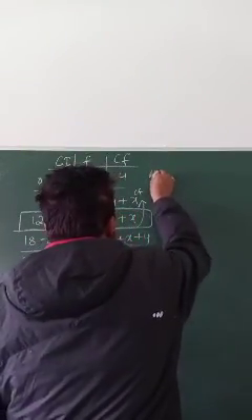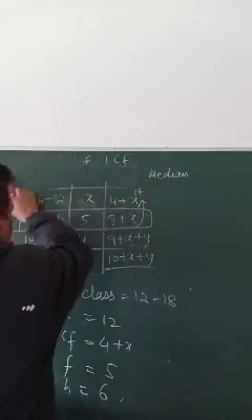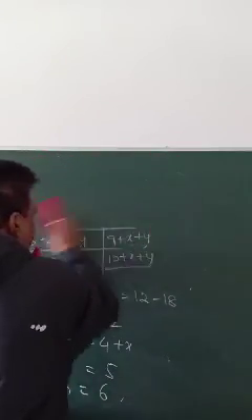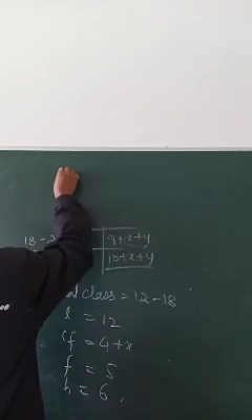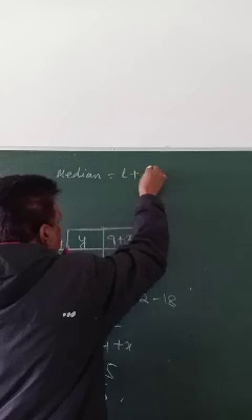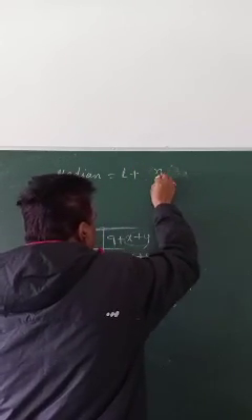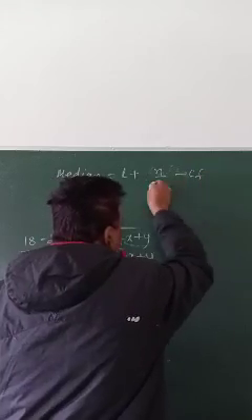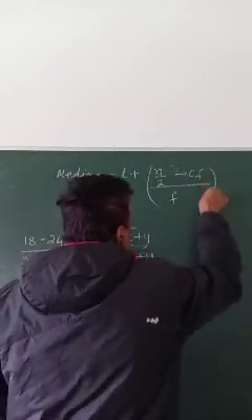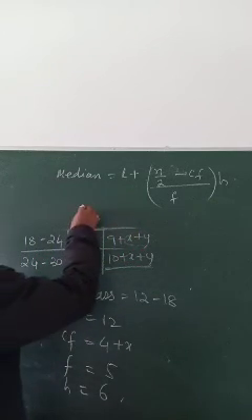that median equals to, or let me draw and write here, median equals to A plus (N by 2 minus CF) by F into H. Then what will you write? 12.